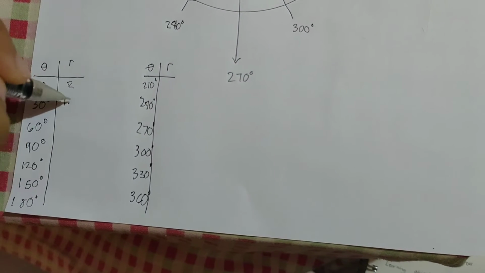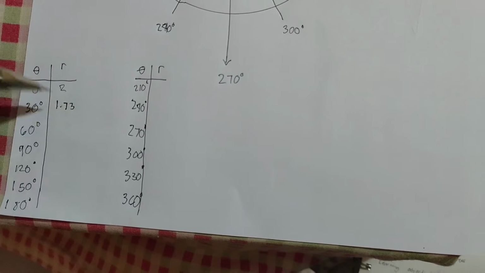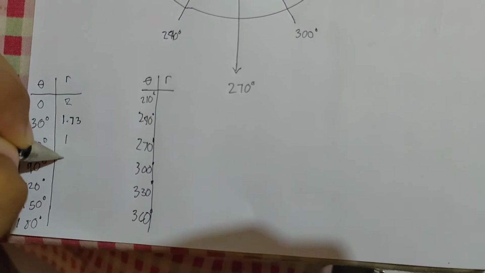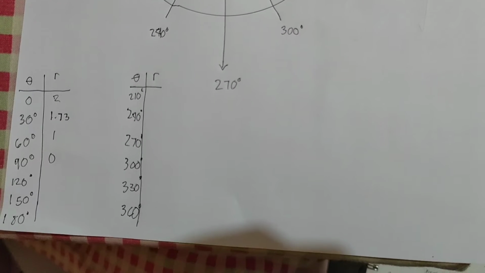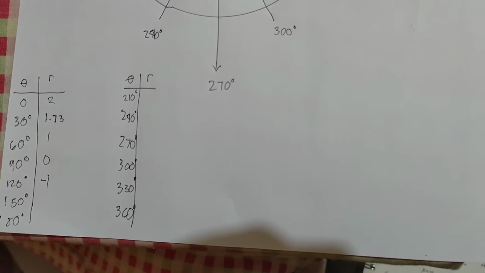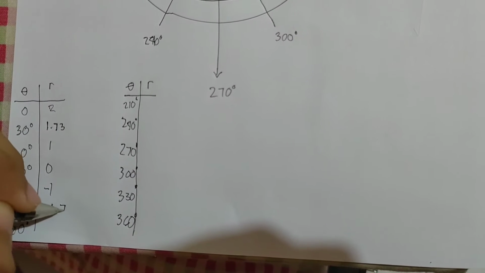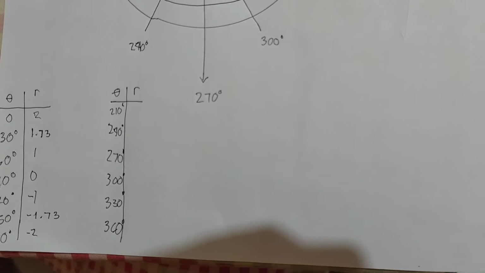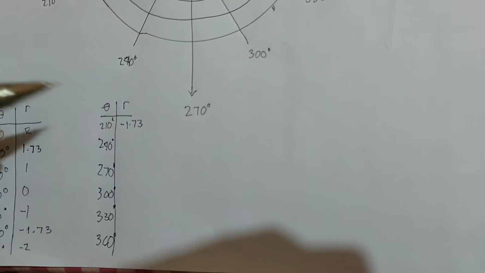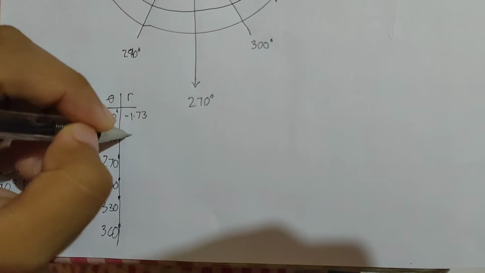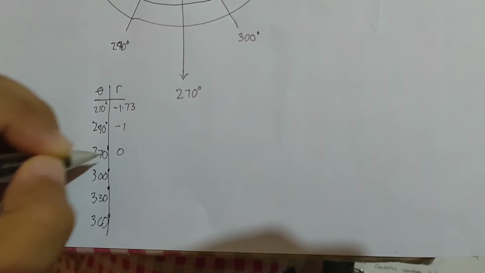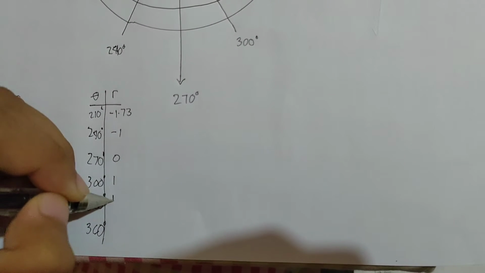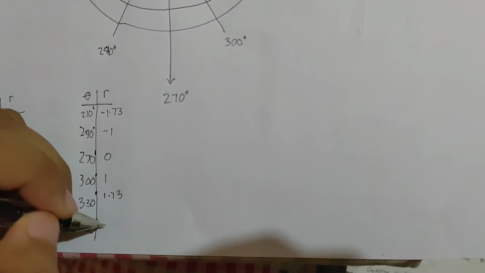Our 30 degree is 1.7332, but we will just use the 2 decimal point. 1.73, 1, 0, -1, -1.73, -2, -1.73, -1, 0, 1, 1.73, 2.